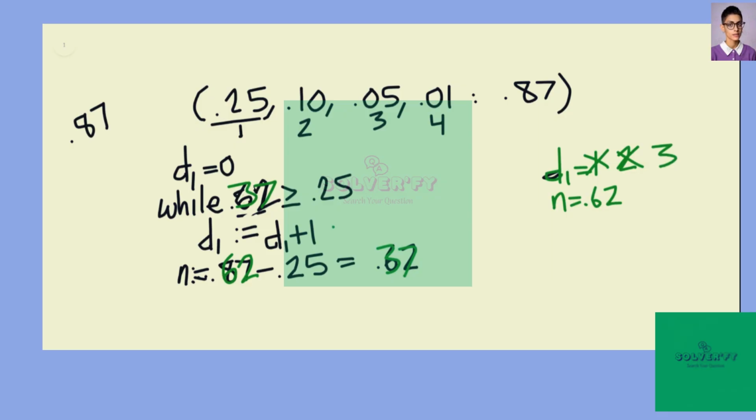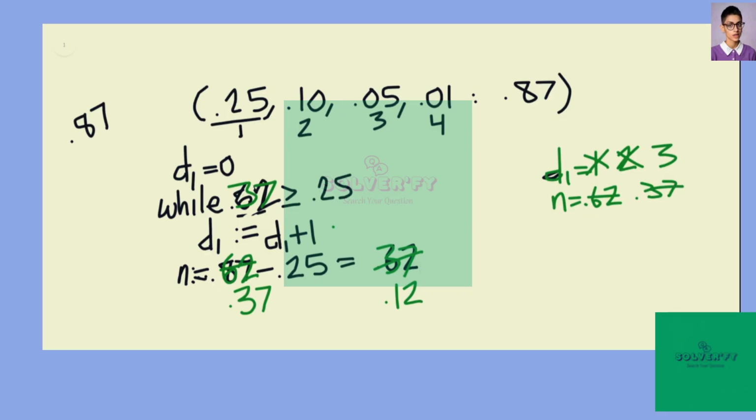So that's this step. Here we had N as 37. Now we're going to take 37 cents, subtract 25 from it, and now we get 12 cents.